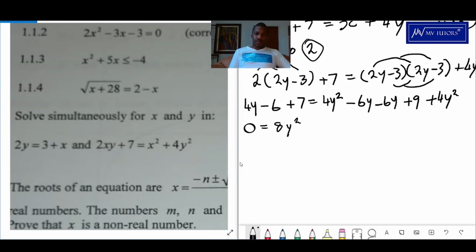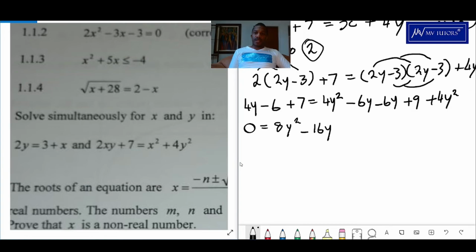And then let's talk about the y's now. -6 minus 6, that's -12. If I bring the +4y to this side, it becomes -4. So -12 minus 4, so that's like 12 plus 4, which is 16. So it's -16y.